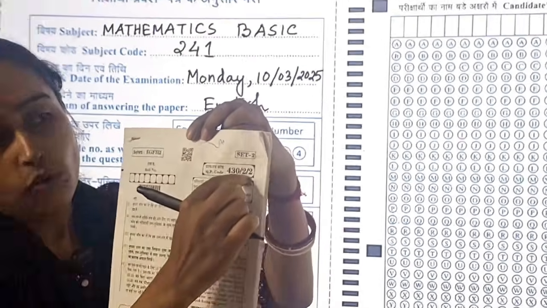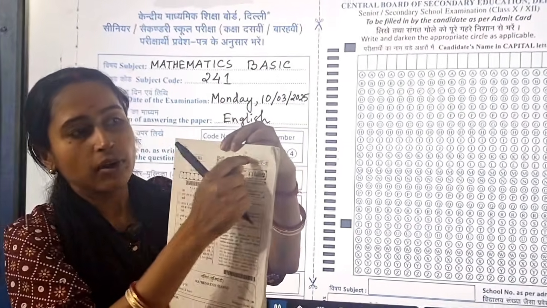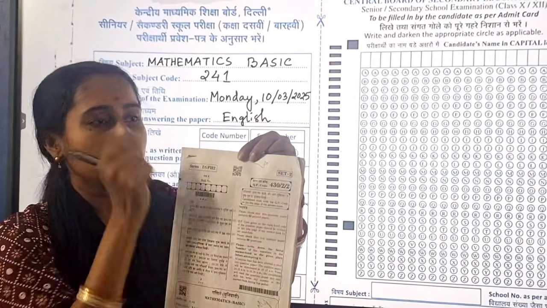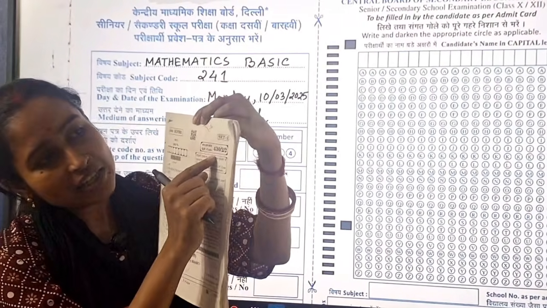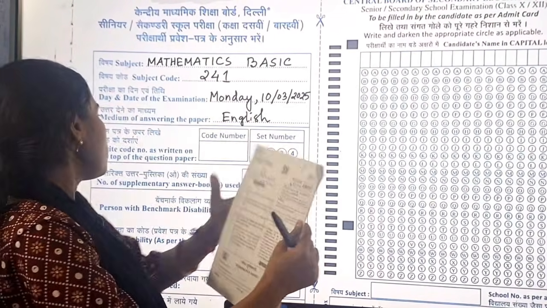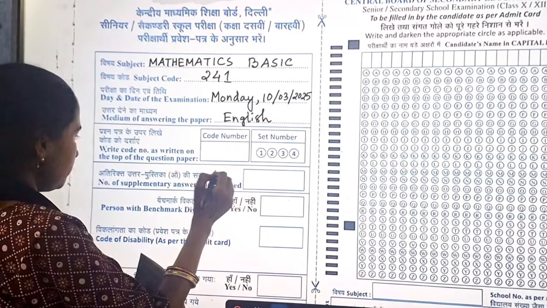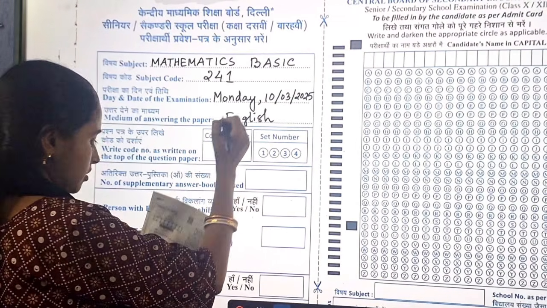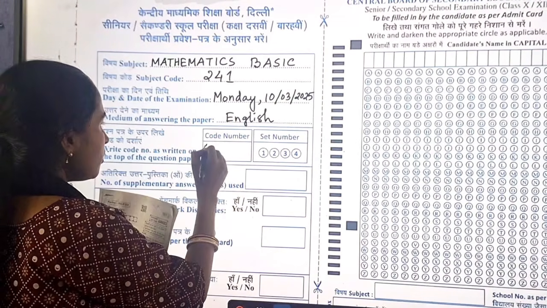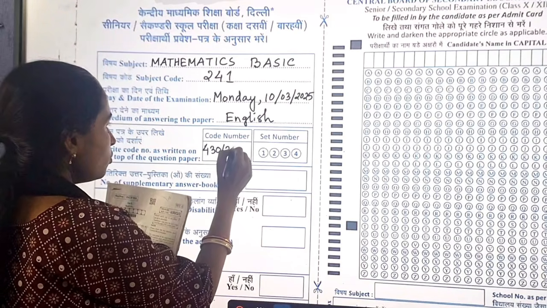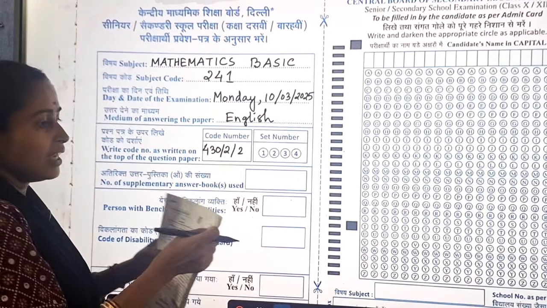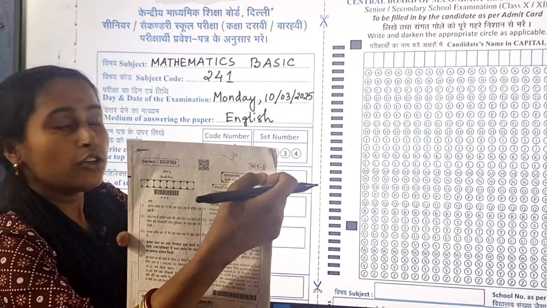Whatever code is written, as it is you need to write, and whatever set number is written, as it is you need to write. Here the code is 430/2/2, so we will write the code number 430/2/2, and the set number is written 2.